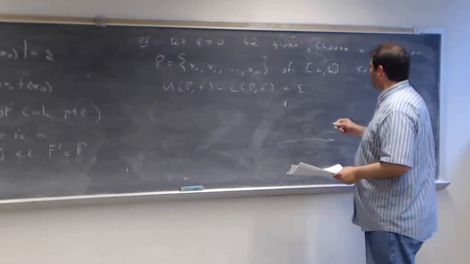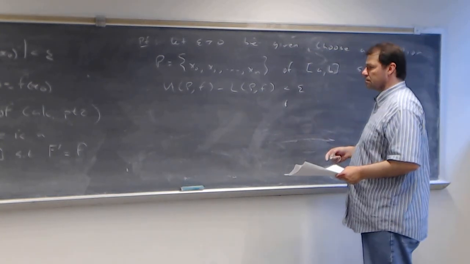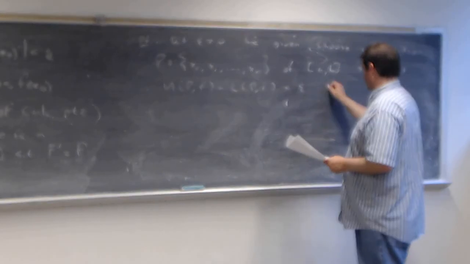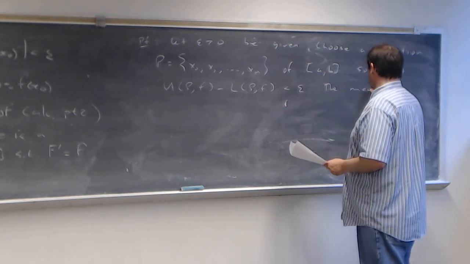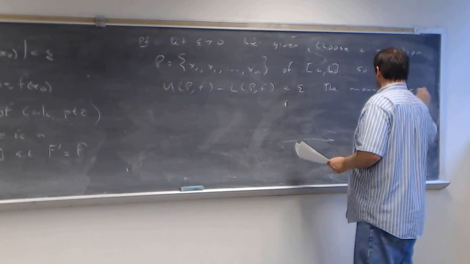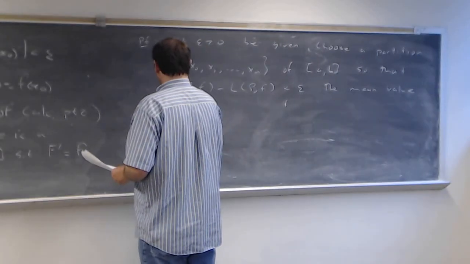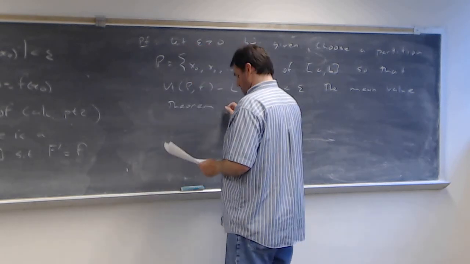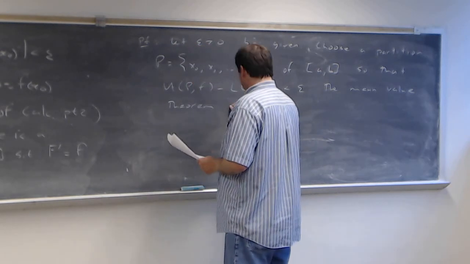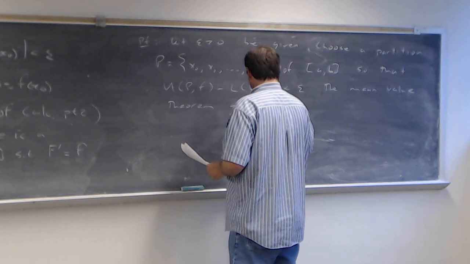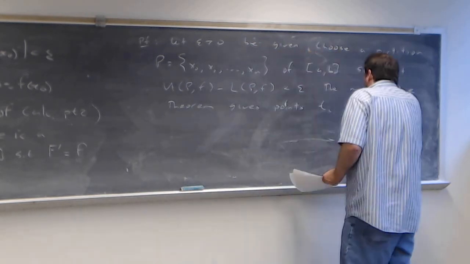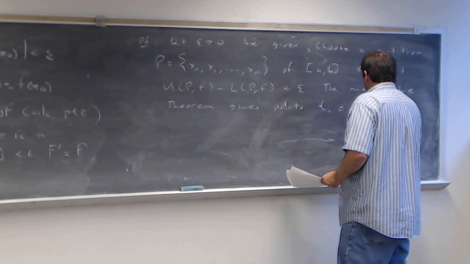Okay. Well, the mean value theorem here acting on big F gives points t sub i's.